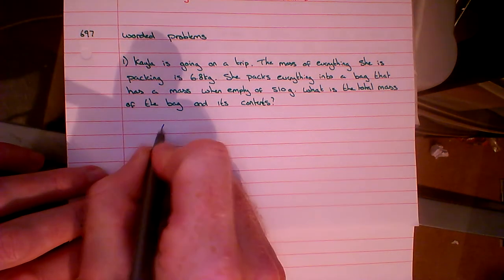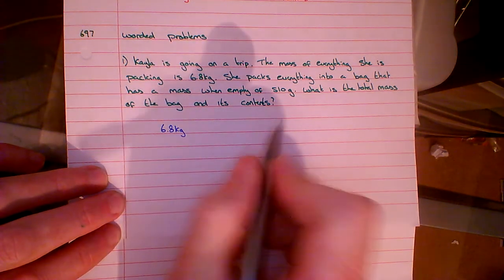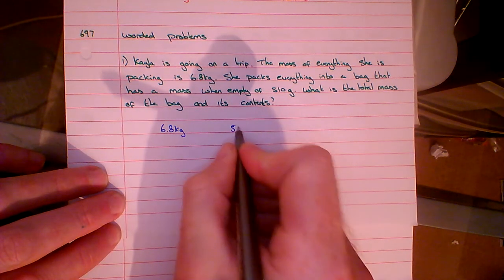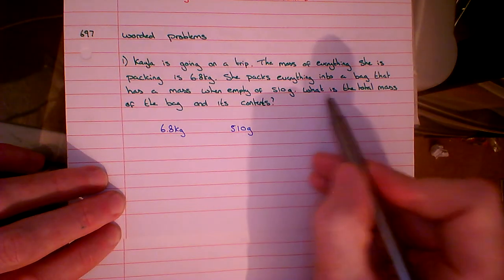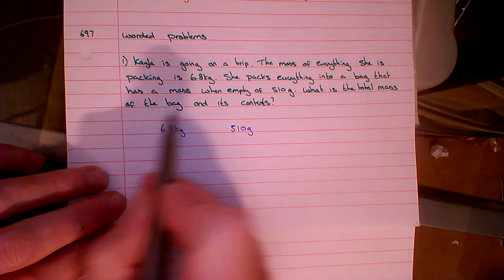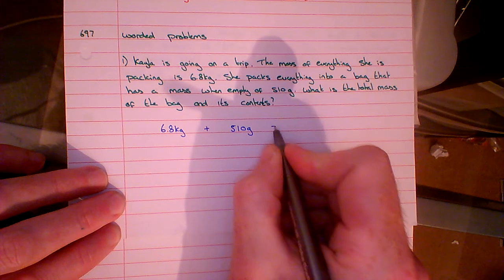We need to unpick some things. So the things I'm looking for are numbers. I've got 6.8 kilograms. And I've got 510 grams. And the question says, what is the total mass of the bag and its contents? So I want to add these two together.